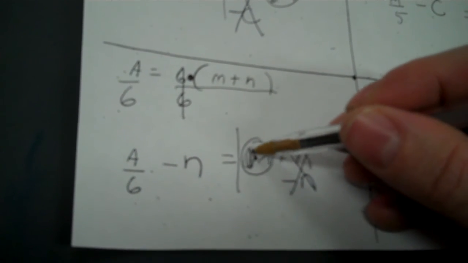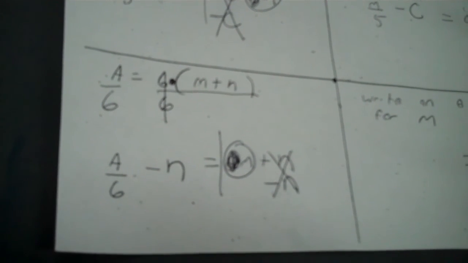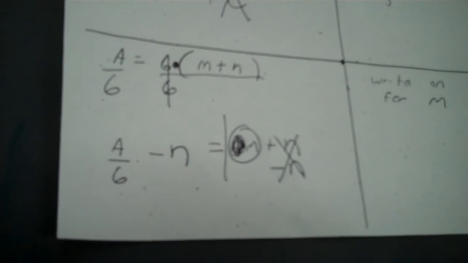The only difference is I don't minus it underneath, I minus it to the side. And then this multiplier 1, as long as it's a 1, can be canceled. Now some of you might be thinking, what if it's a 5? Well, that creates another problem, but it's just a 1 here, okay? So I have A over 6, just copy what we have, minus N. And that M is by itself.